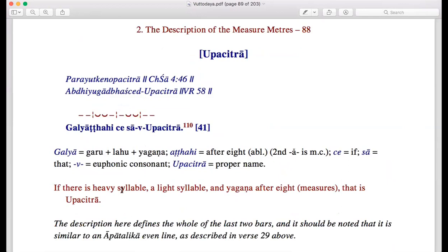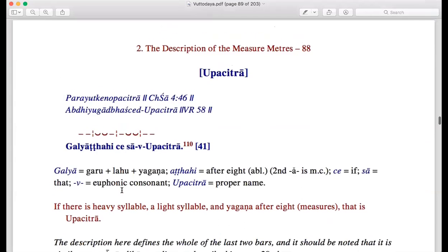So the condition is that after 8 measures, there should be a heavy syllable, a light syllable, and a yagana, in order: not light then heavy, but heavy, light, yagana. So that's the rule here.